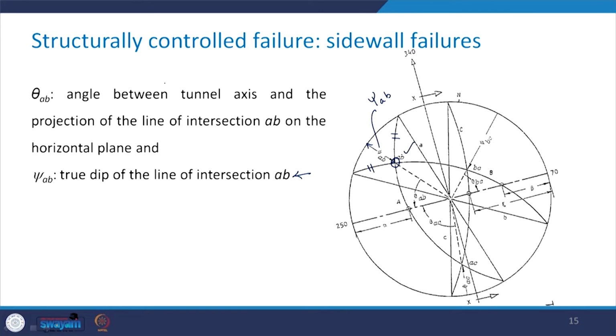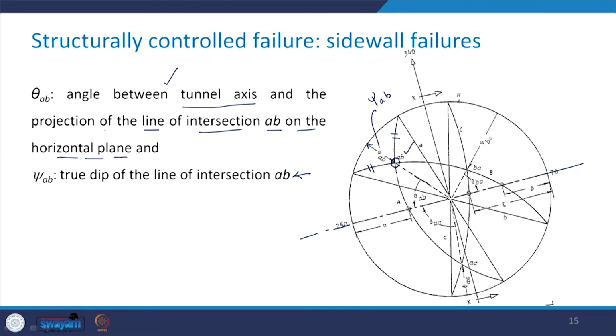Come to this theta AB and read it carefully: it is the angle between the tunnel axis and the projection of the line of intersection on the horizontal plane. So, where is the tunnel axis? This is the tunnel axis. And the projection on the horizontal plane is going to be this one.